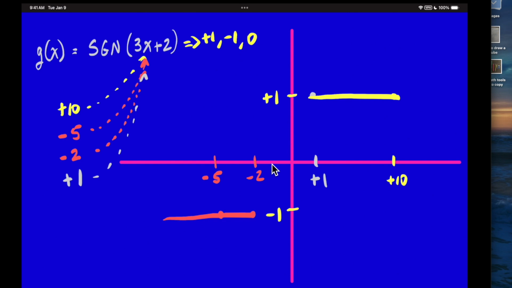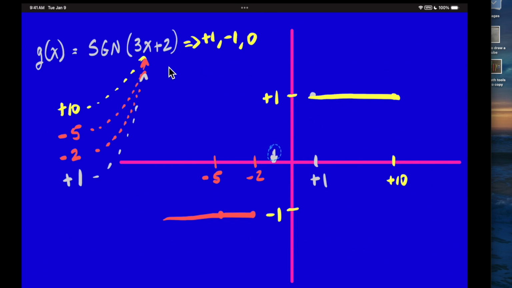At some value of x here, they're going to switch. So what value of x right here changes the inside of that parentheses from negative to positive or vice versa? How do we find that critical point on the x-axis that's going to cause the sine function to flip from an output of negative 1 to positive 1?